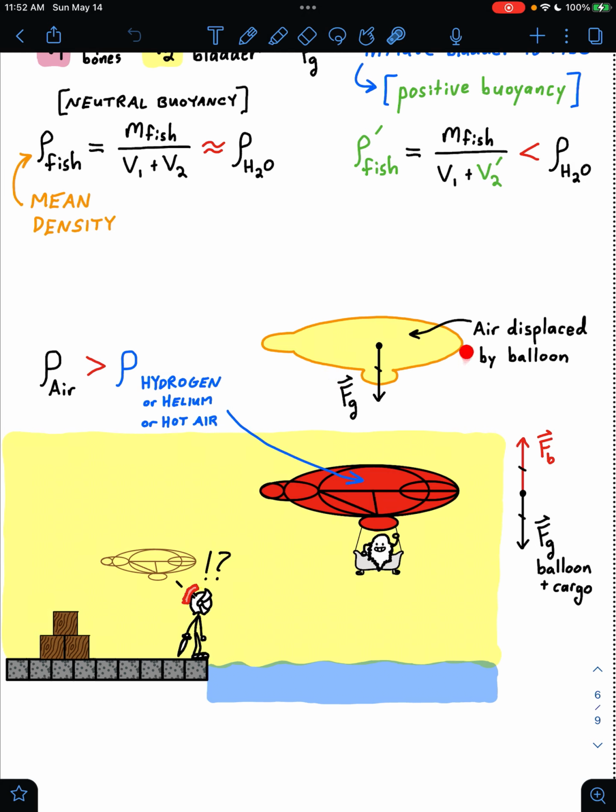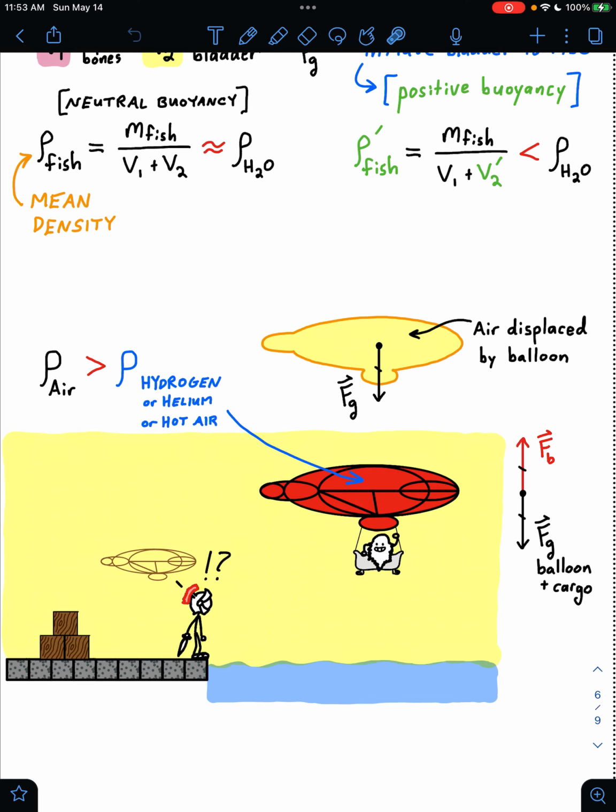So that air being displaced by the balloon has a weight to it, and that weight will be the size of the buoyant force pushing upwards on that balloon. That is from the surrounding air below pushing up on that balloon harder than the air above pushes down on that balloon. There's our buoyant force.